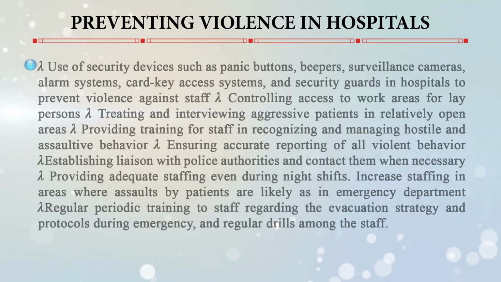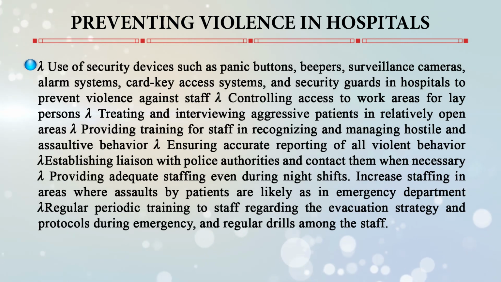And for preventing violence in hospitals, they have to use security devices like panic buttons or beepers, surveillance cameras, alarm systems and card key access systems, and security guards to prevent violence against the staff.